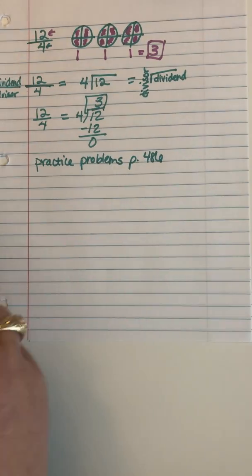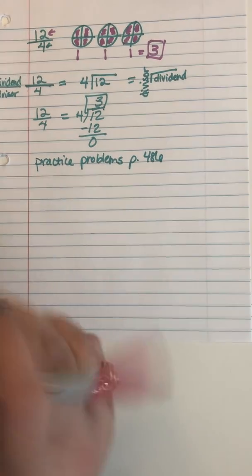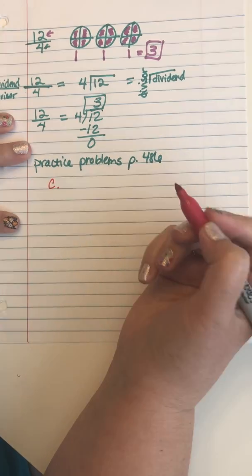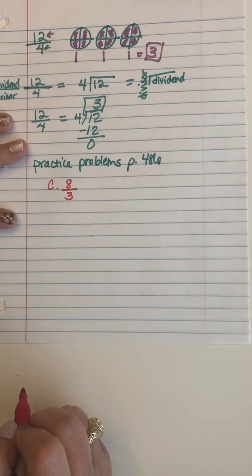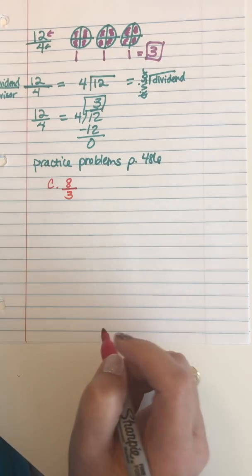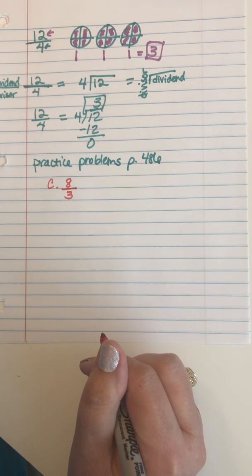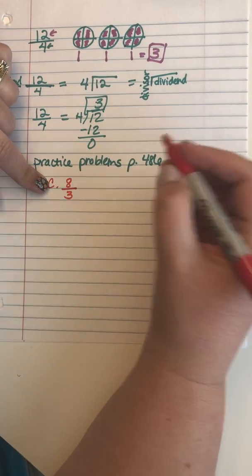So let's do letter C. Let's work on letter C together. Again, I'm on page 486. Letter C is 8/3. So my instructions tell me to change it to a whole number or mixed number and then draw a picture. So the first thing I'm going to do is go through and do division.